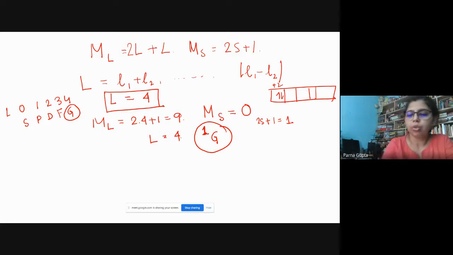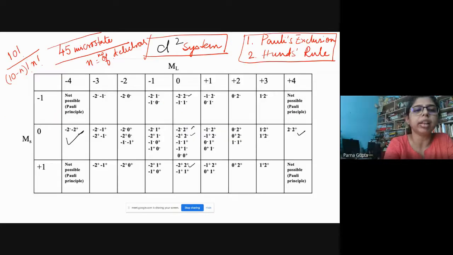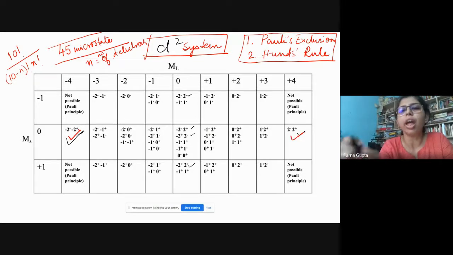So you can have this value, and L1 plus L2, L1 plus L2 minus 1. In that way, you will have all terms. From here, you will have a total of 9 terms.